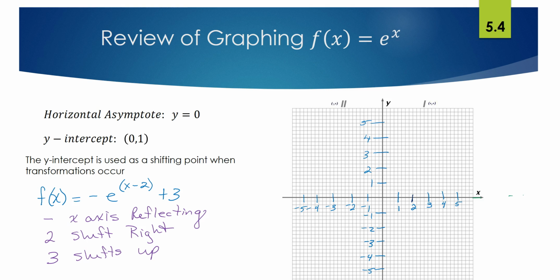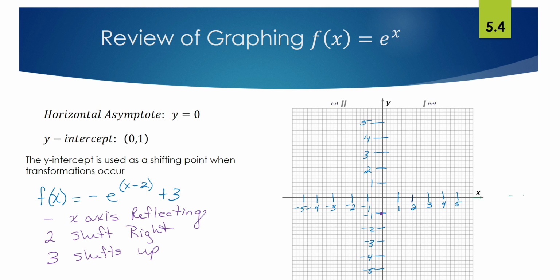So I have my starting point at 0, 1, and I'm going to take that point and reflect it across the x-axis. So now it's at 0, negative 1. Taking that same point, I'm going to shift right 2. So it's now at 2, negative 1. And then I'm going to shift up 3, which is at 2, 2.